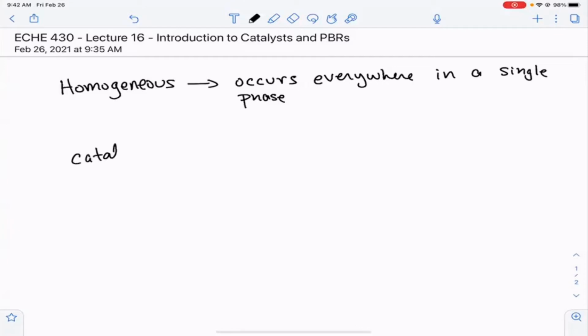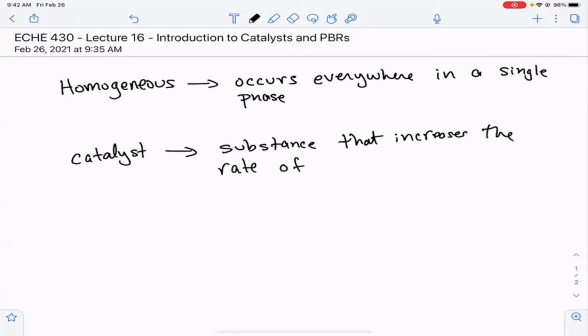And a catalyst is a substance that increases the rate of a chemical reaction without undergoing any permanent change itself.